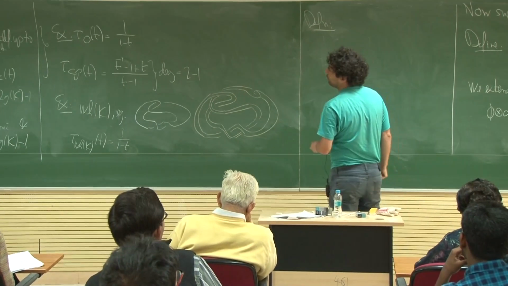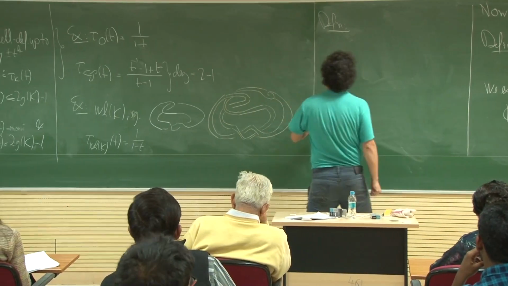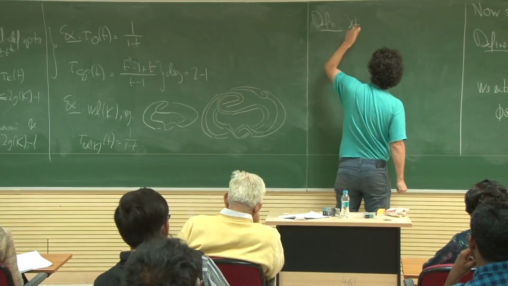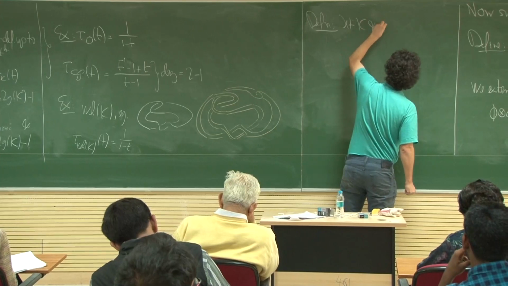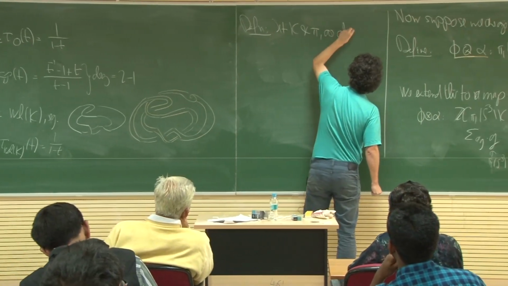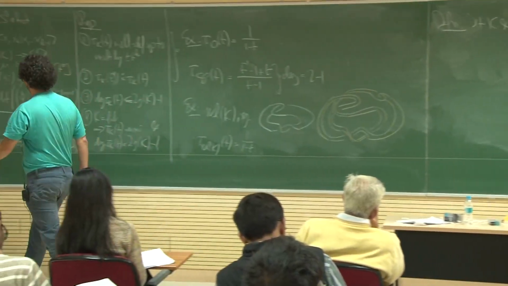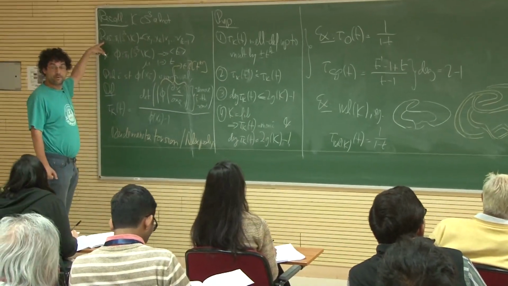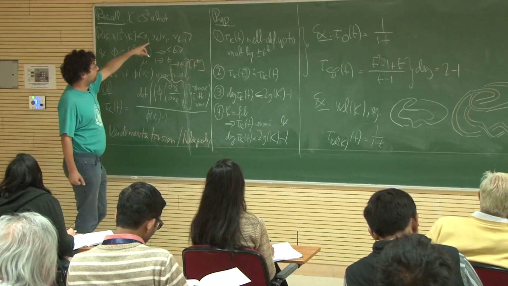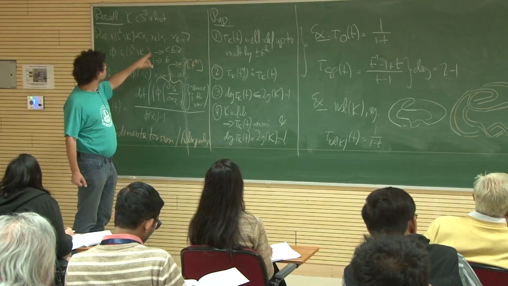Okay, so perhaps let k and pi be as above. I just want to continue with my setting here. So we have a knot k, we have a representation for pi1.